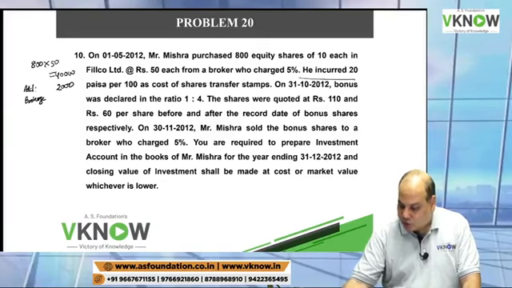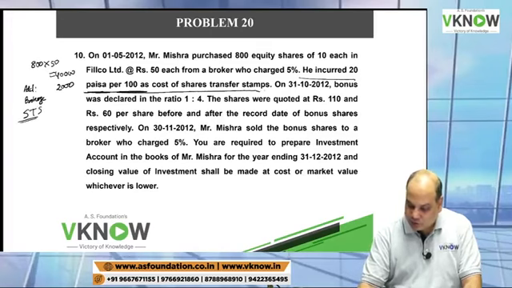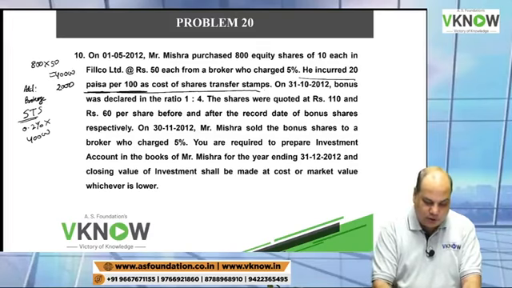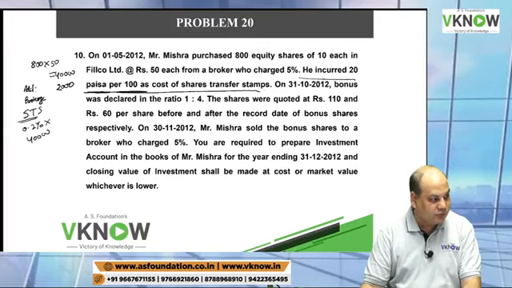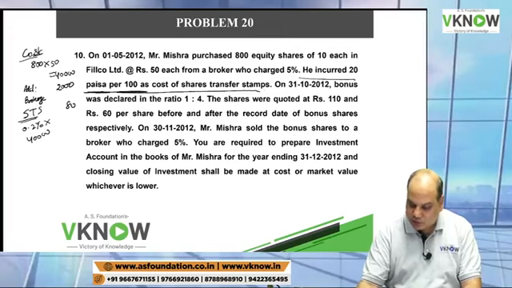And he also incurred 20 paise per 100 rupees as share transfer stamp. So share transfer stamp is 0.2% into 40,000. So please guide me. 40,000 into 0.2% is 80 rupees. So first working note, cost of investment will be 42,080.